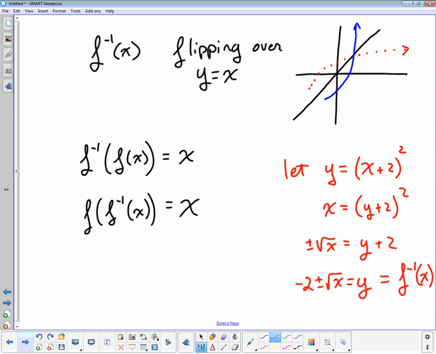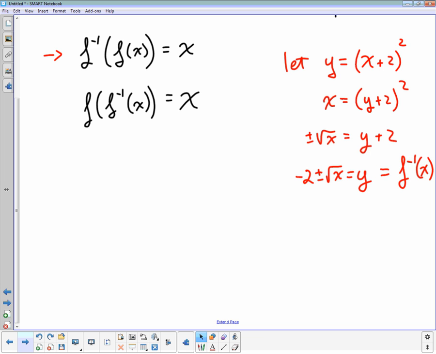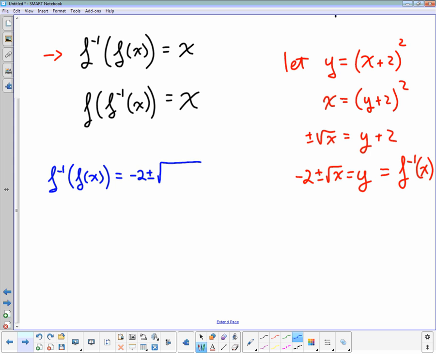Now, let's check my two statements. We'll check this first. That's saying take my original function, jam it into your inverse, you had better get x. So that's saying, starting with my exterior, I then insert my function.